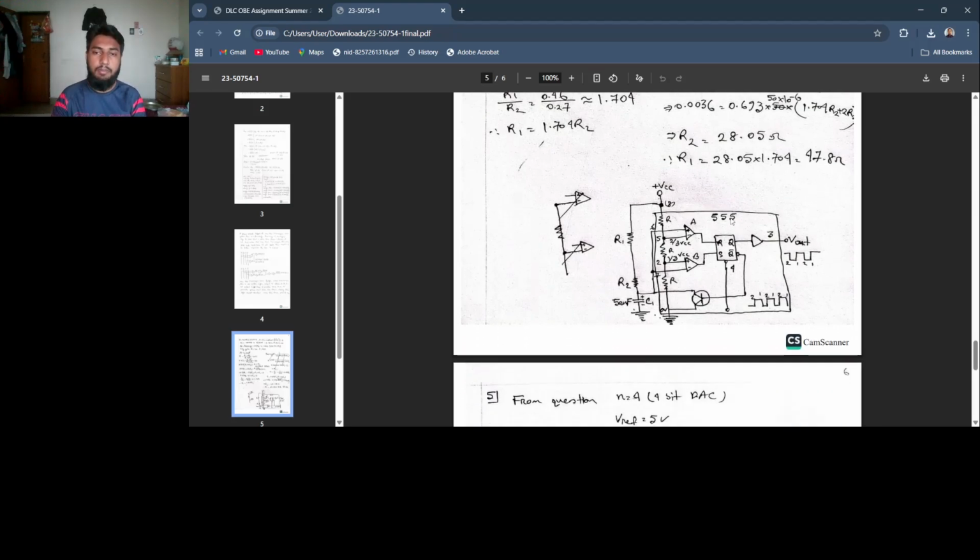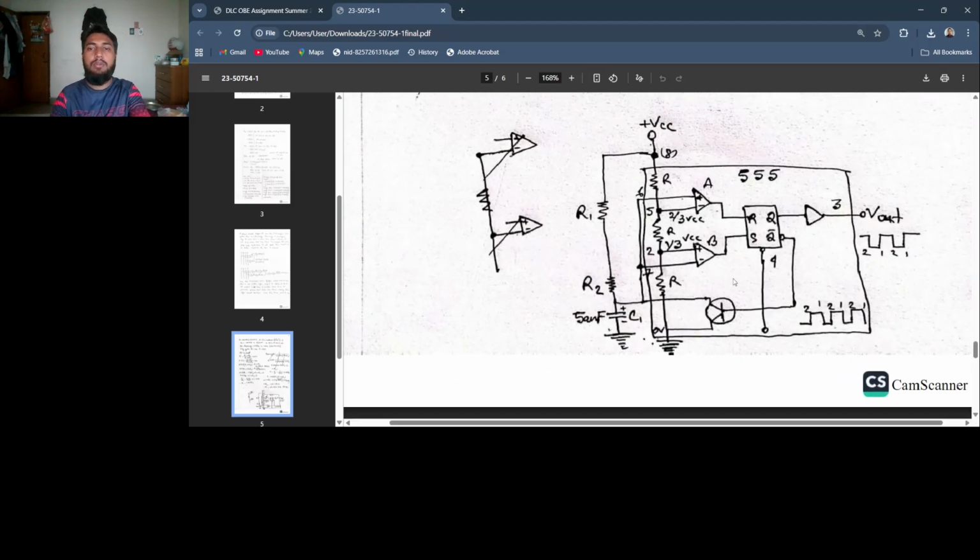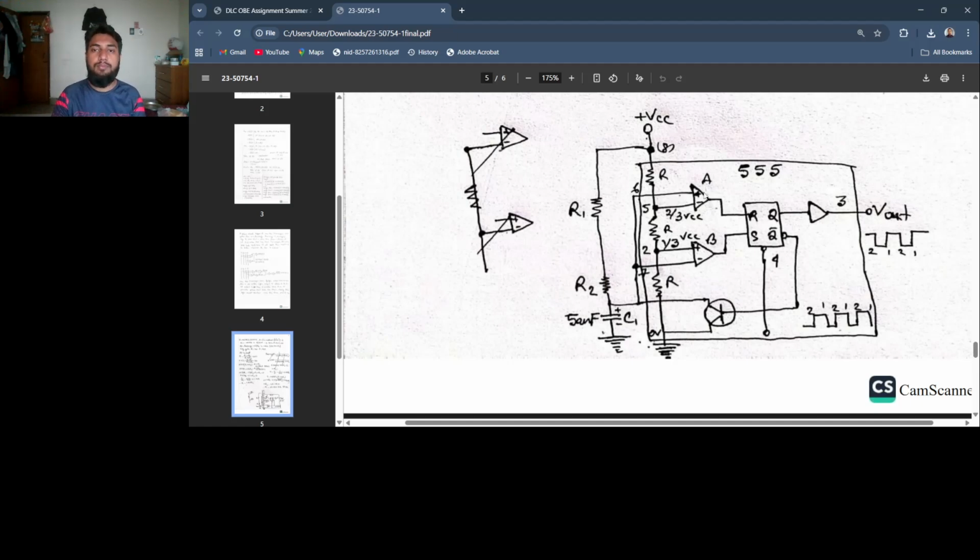And here is my 555 IC circuit. Here I use two op-amps, A and B. This is plus, this is minus, and B plus minus. Here I use 3 resistors. This resistor is 5 kilo ohm, that is why it is called 555.